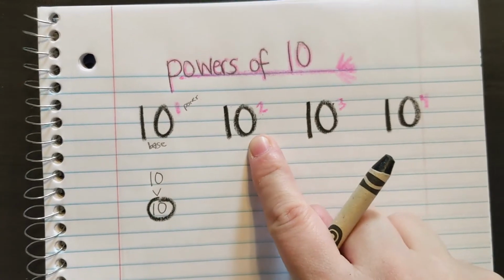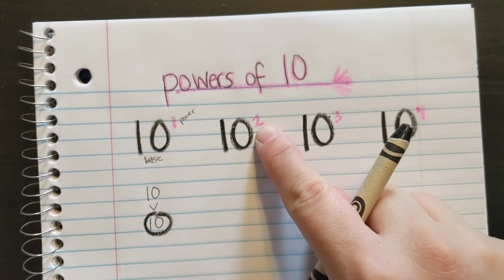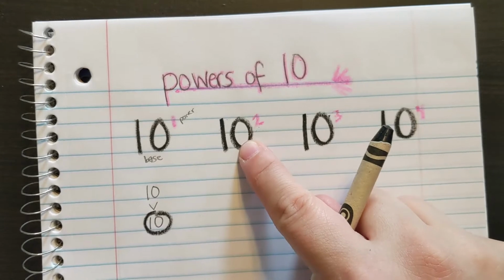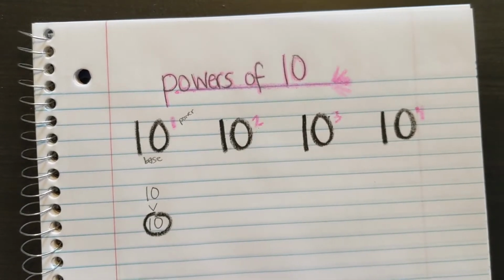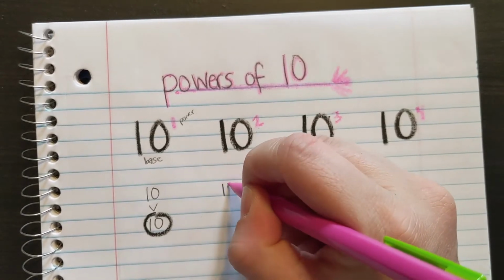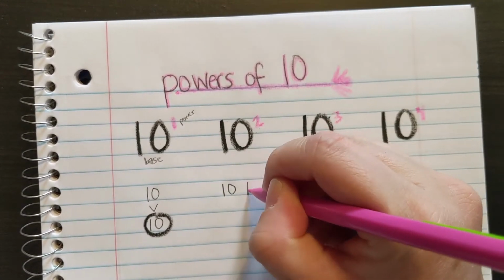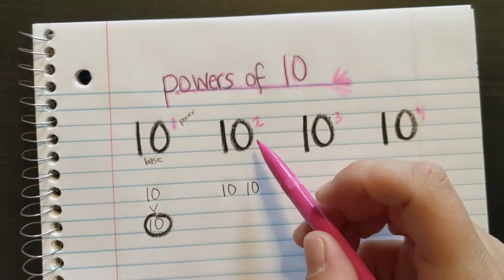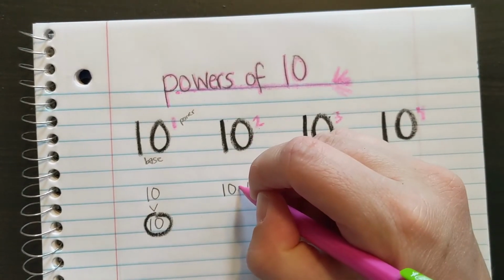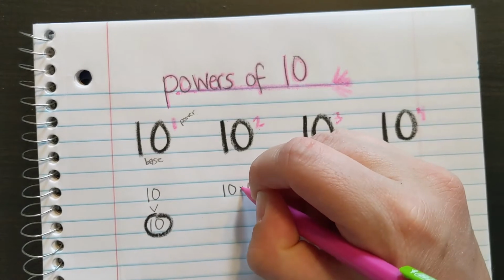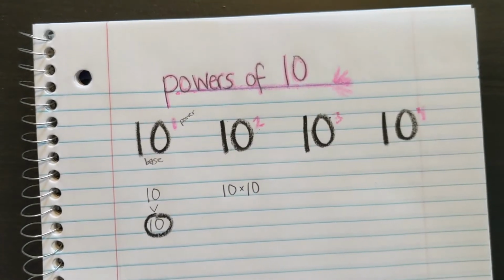So this time, the little power 2 tells the 10, hey, you, 10. I want you to throw yourself down 2 times. Okay. So the 10 throws itself down once and then twice. And the 2 says, fabulous. Now multiply yourself. That's what powers mean. That's what exponents mean. They mean to multiply.